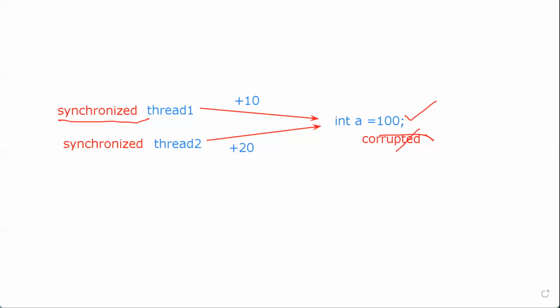See, polymorphism means what? It has two concepts. One concept is method overloading and another is method overriding.